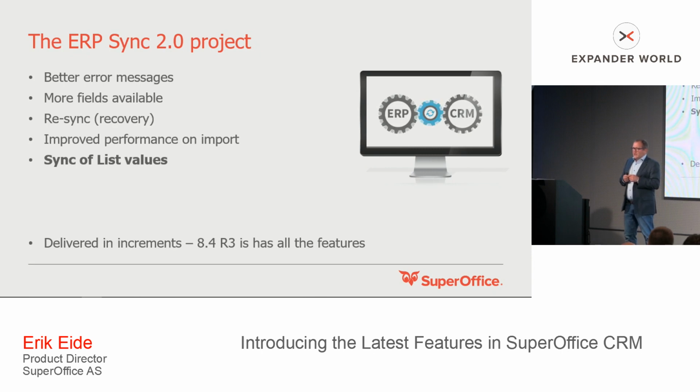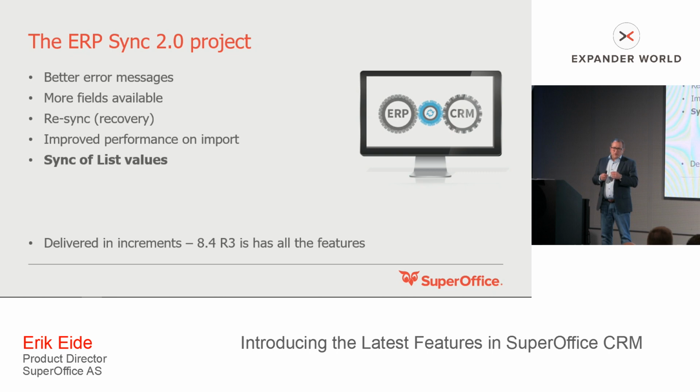In August and September, we have been quite busy working on the ERP sync, revisiting the feature set of the ERP sync that we provide. We have implemented better error messages so that connectors can get better errors back, interpret them and give good messages. More fields are available for synchronization, like stop and all these kind of fields inside SuperOffice.